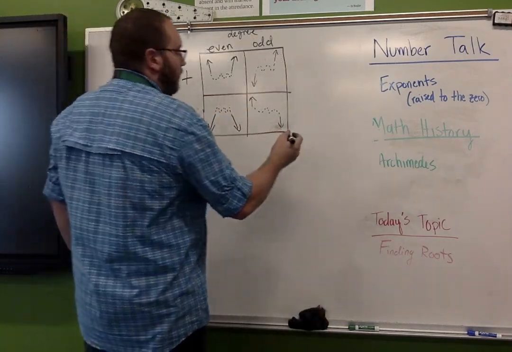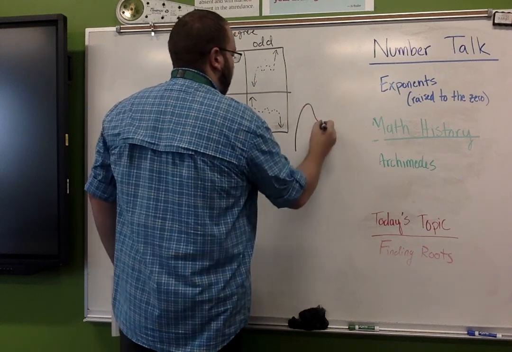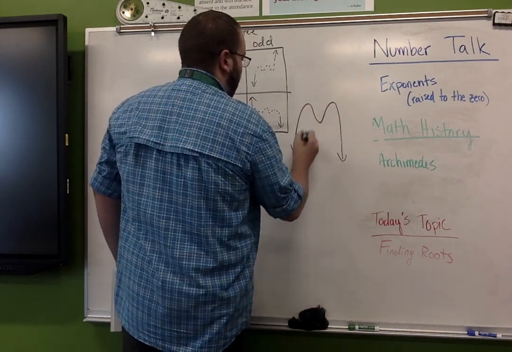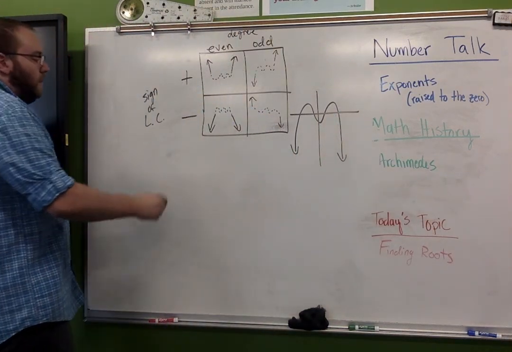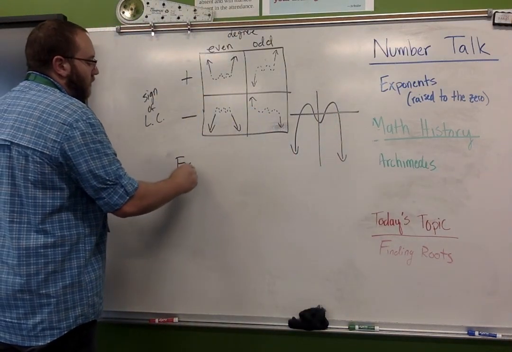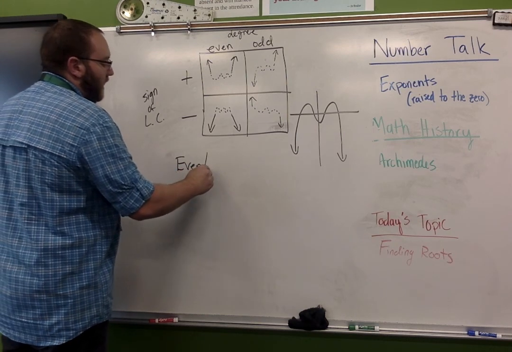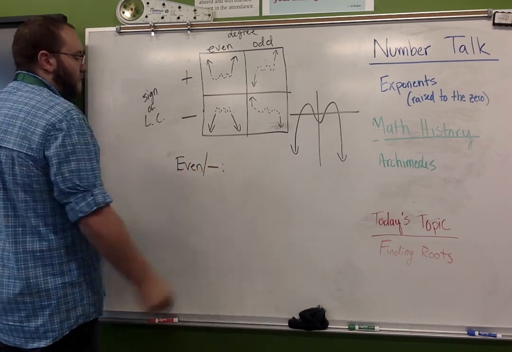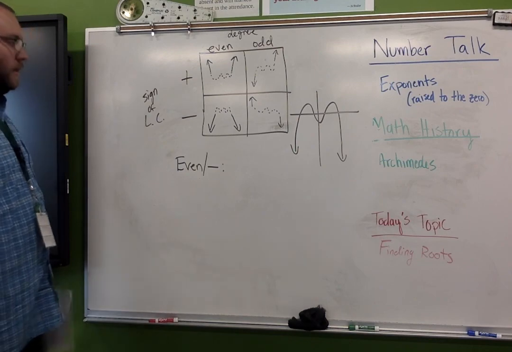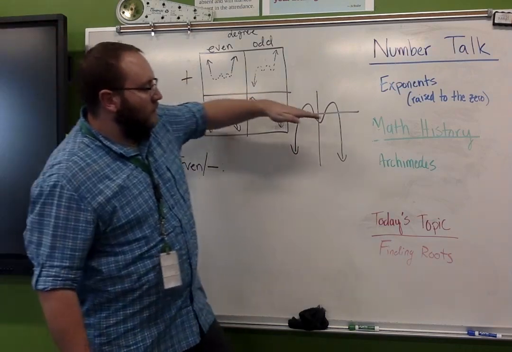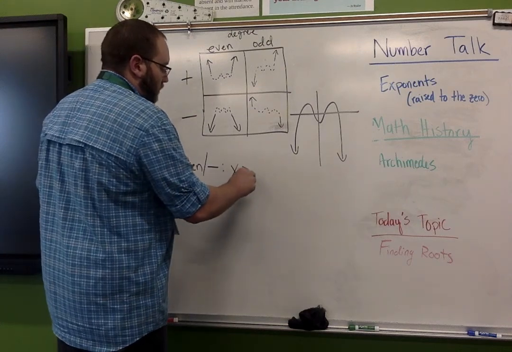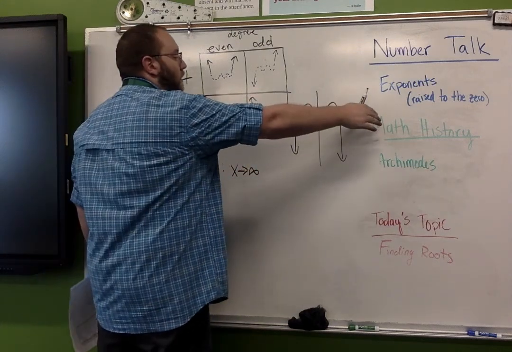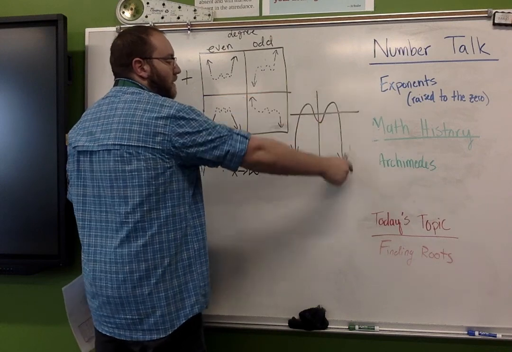All right, let's do this one. So this one, the degree is even. The sign of the leading coefficient is negative. So as x goes to positive infinity, as x is going to the right, the tail is going down.